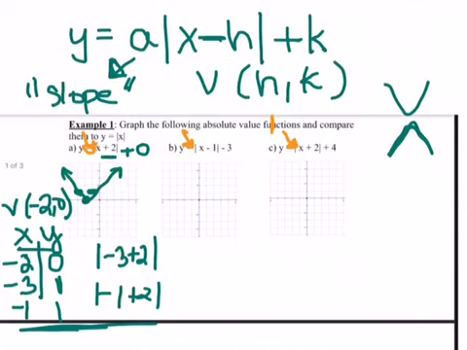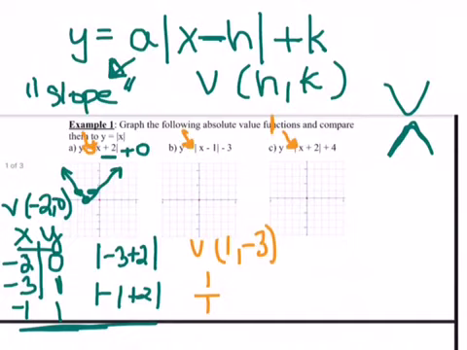So my vertex for this second one is 1, negative 3, because it's x minus h, it stayed minus, so it's 1, and then the plus k became a negative 3. Then my slope is 1 over 1. So I'm going to plot my point 1, negative 3, and then since I know it's a V, I can plot the others.